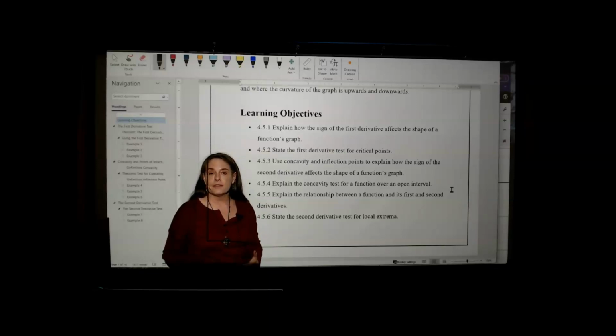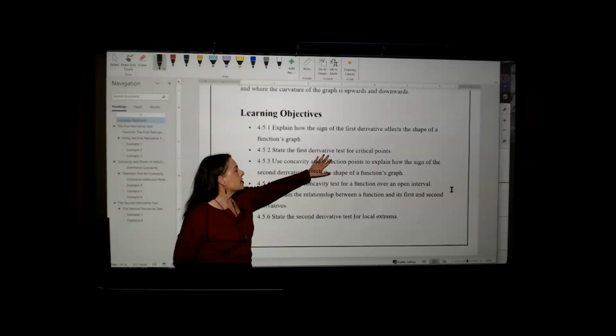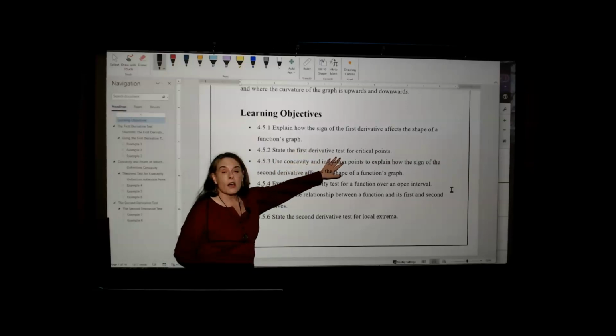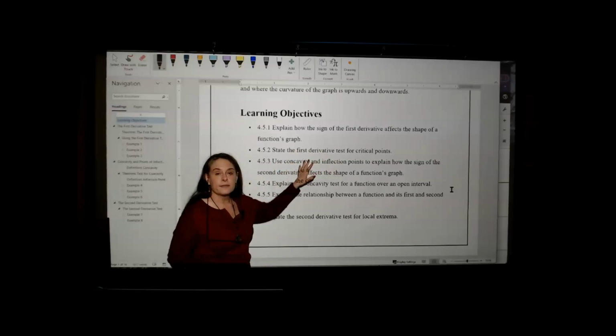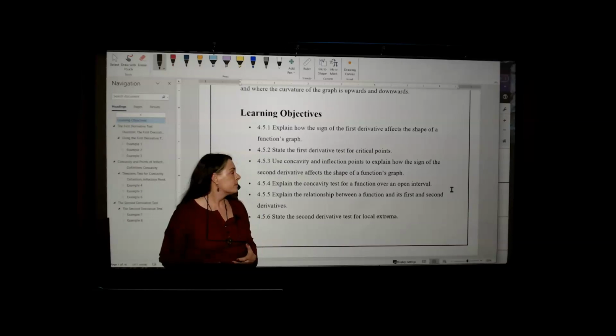If the first derivative is negative over an interval, the function is decreasing. We're then going to use this idea in what's called the first derivative test for critical points. By knowing the increasing, decreasing behavior of the function and the location of the critical points, we'll be able to determine where we have relative extrema.